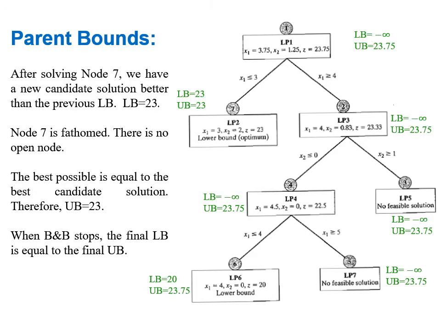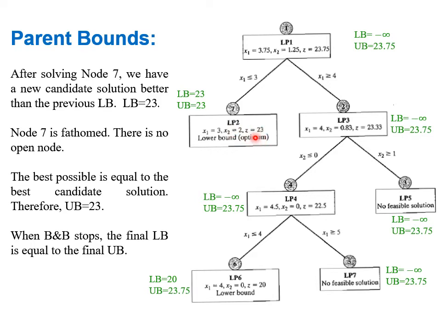Okay, then we solve the only unexplored node, which is node 7, and when we solve it, we see that we come up with a new candidate solution. All decision variables are integer, and its objective function value is 23. Okay, initially the objective function value was 20. When we solve it, we found the solution with objective function value 23, and we are trying to maximize.